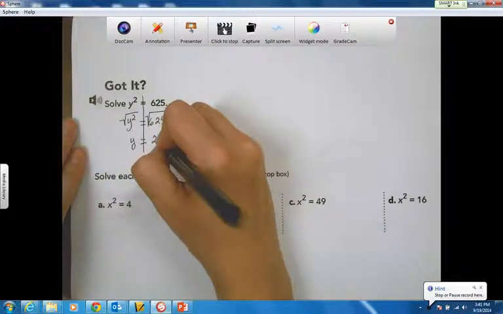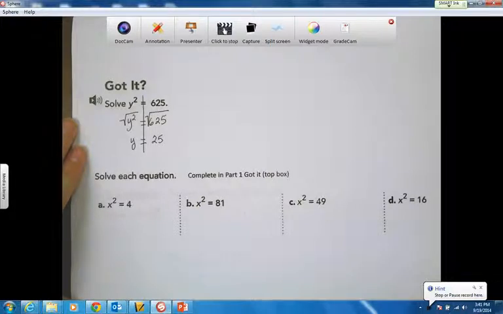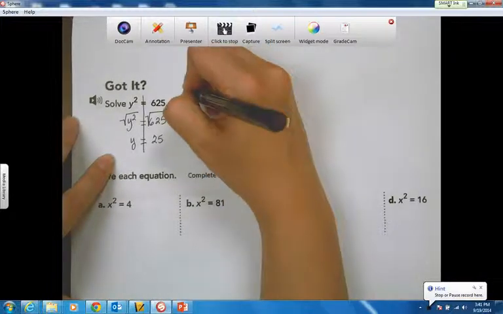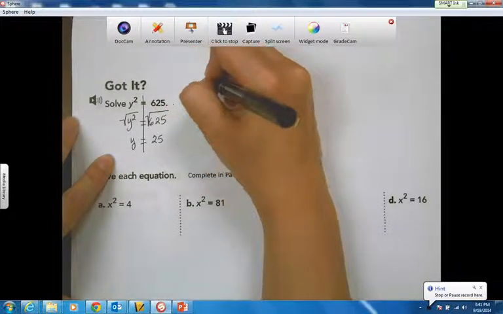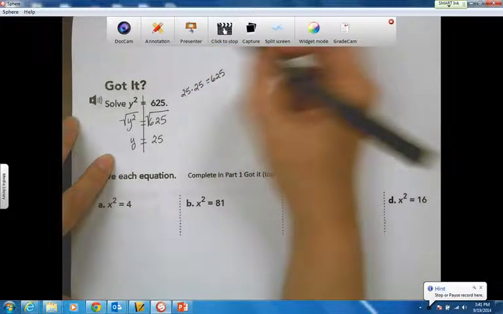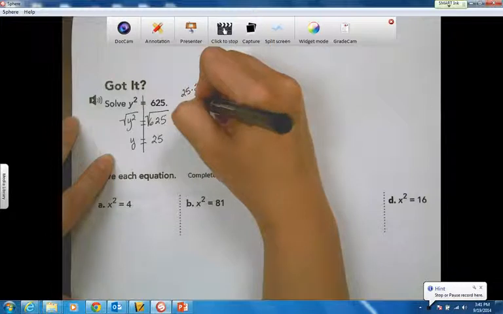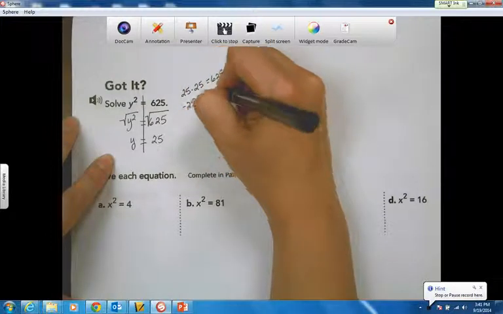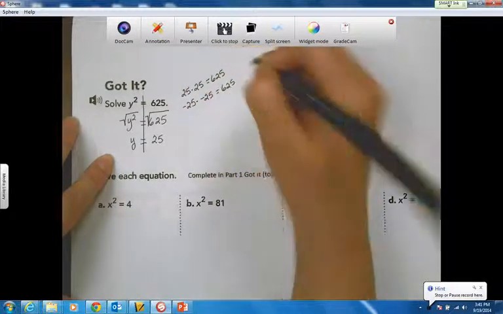What you need to be careful of is that not only is it 25, because 25 times 25 is 625, but also negative 25 times negative 25 gives a positive 625, because a negative times a negative is a positive.